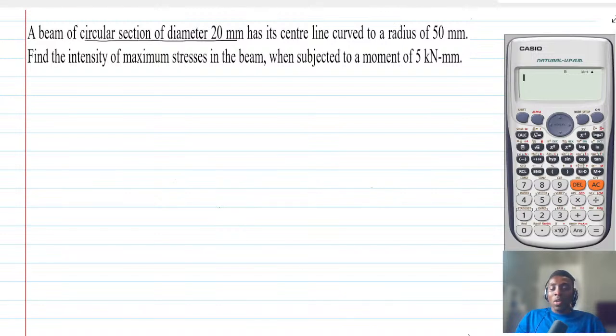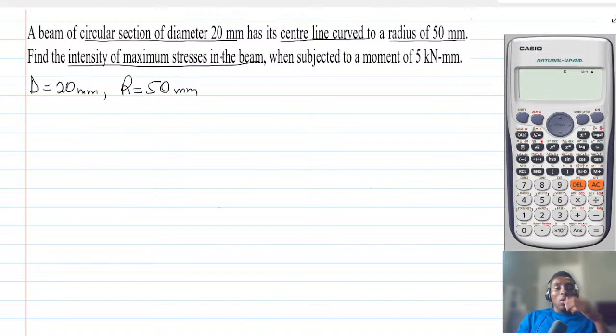Okay. So in this problem, you have been given a beam of circular cross section, which is what? Diameter is 20. Then the center line curved to a radius of what? 50 mm. So diameter is 20 mm. Radius of curvature is 50 mm. Now we've been asked to find the intensity of maximum stresses in the beam when subjected to what?